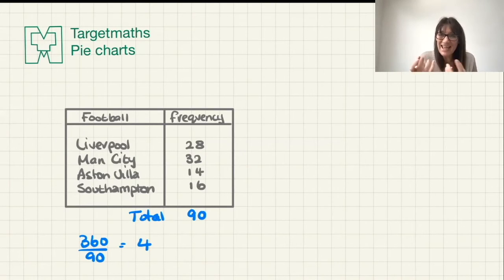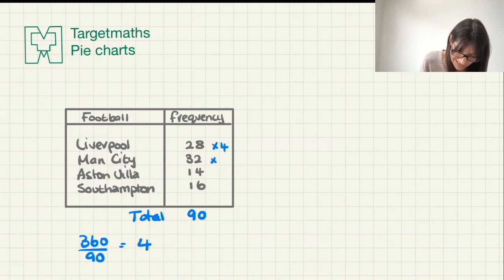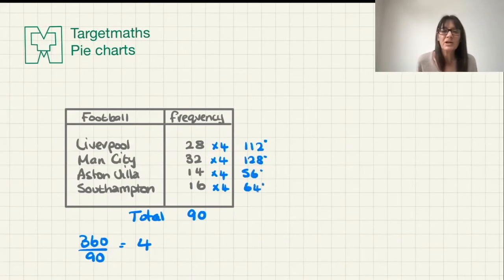The space that they get in the pie chart is 4 degrees. And you use the 4 to multiply each category with the number of people in it. So I'm going to be doing 112, 128, we've got 56 and 64 degrees. So those would be the angle sizes that I measure.